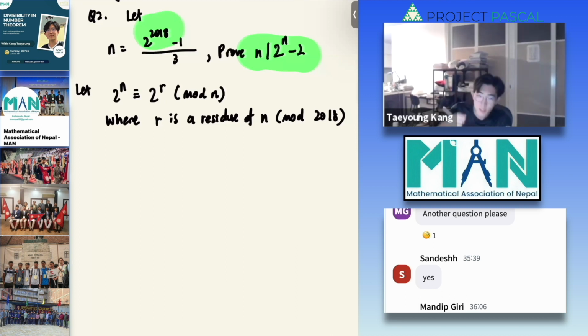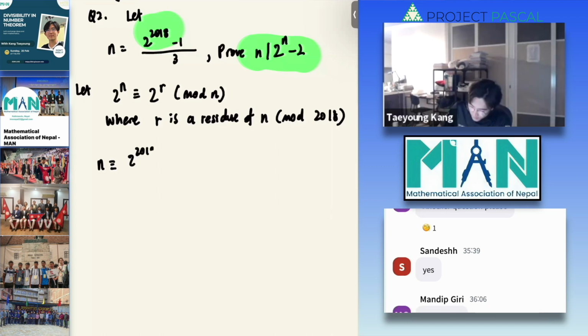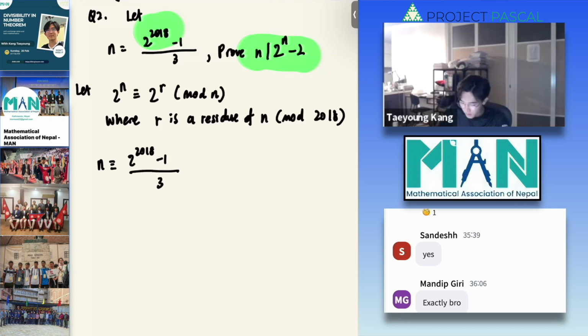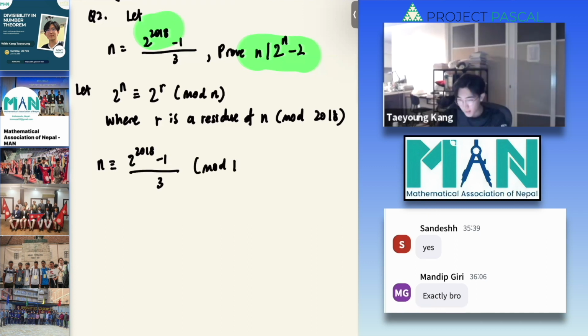So we consider n mod 1009 first, and we have n is congruent to 2 to the power 2018 minus 1 divided by 3 mod 1009. And we notice that this is congruent to 2 squared times 2 to the power of 1008 squared minus 1 divided by 3.